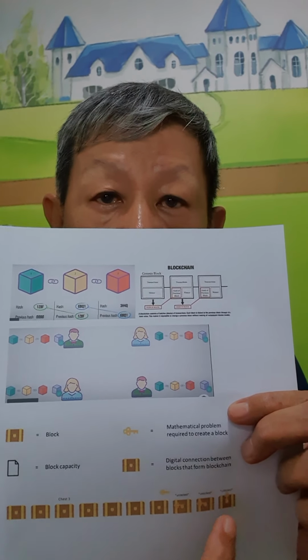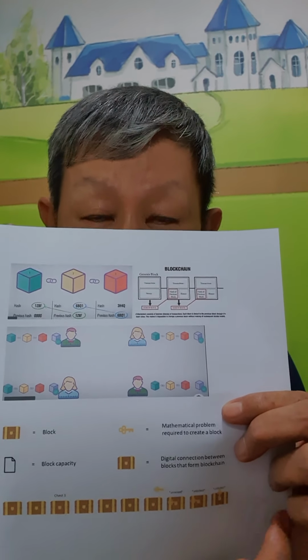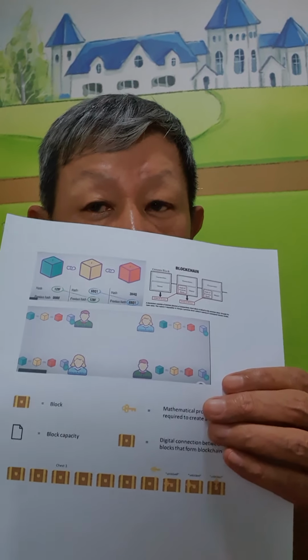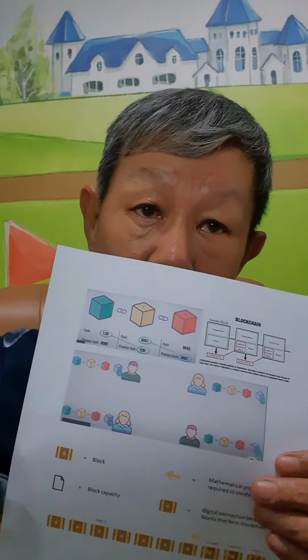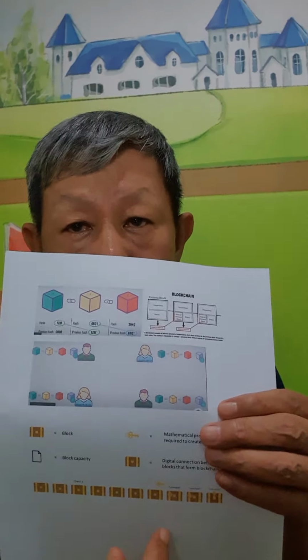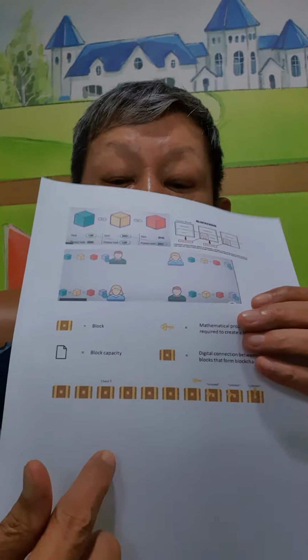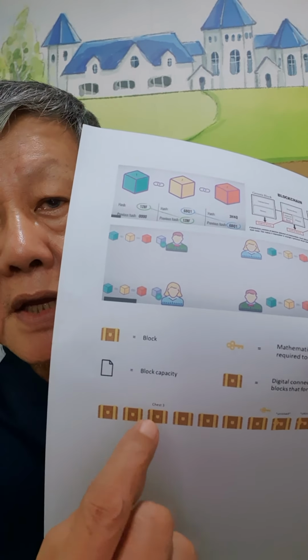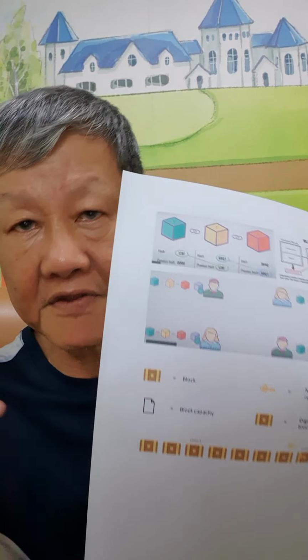That is the last or latest block. Find a solution to unlock it, and then move down to block number 9. Find a solution to unlock it, and then move down and down and down until you reach block number 3. That's where you want to change the content inside, for example.